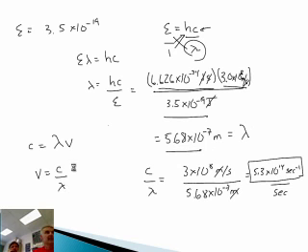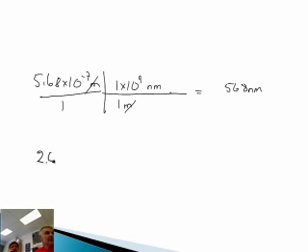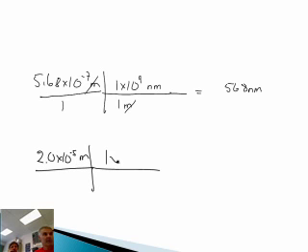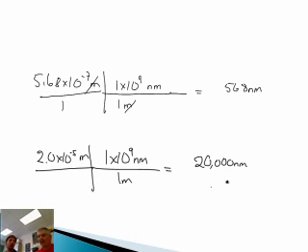I take 2.0 times 10 to the minus 5 meters and multiply by 1 times 10 to the 9th nanometers in 1 meter. That gives us 20,000 nanometers.